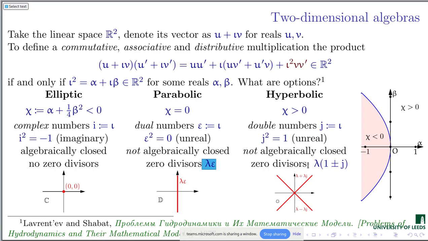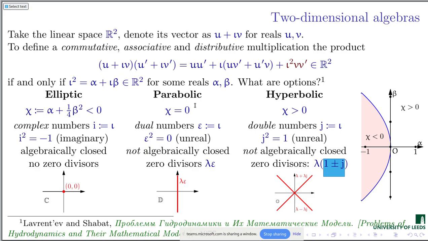So it's a zero divisor. If we have 1 plus j and multiply it by 1 minus j, it will be 0 as well. So we have this light cone built out of zero divisors for double numbers.